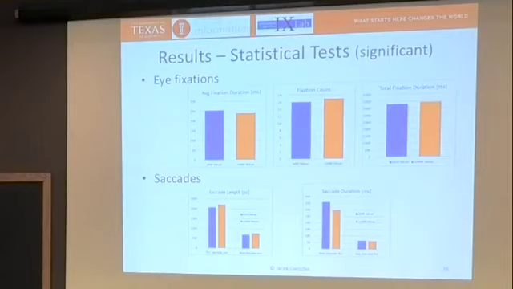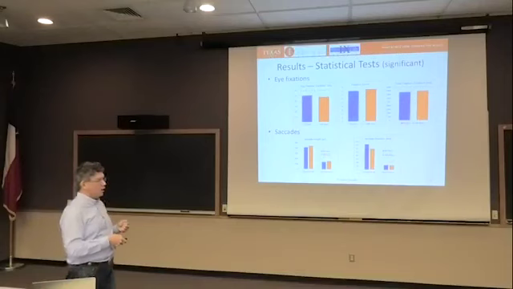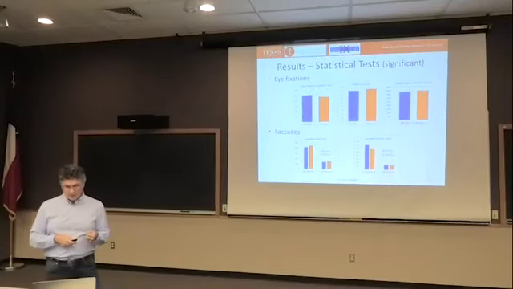And the total fixation duration in these periods was higher for non-mind wandering, that is, when people were reading. Saccades were generally shorter for mind wandering, whereas the duration of saccades was longer when people were mind wandering.